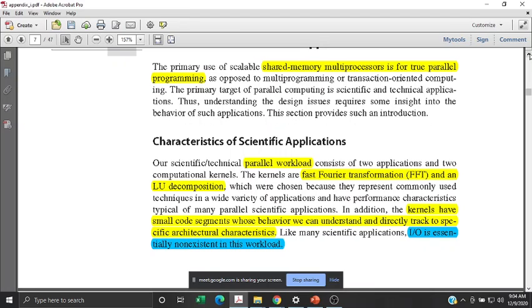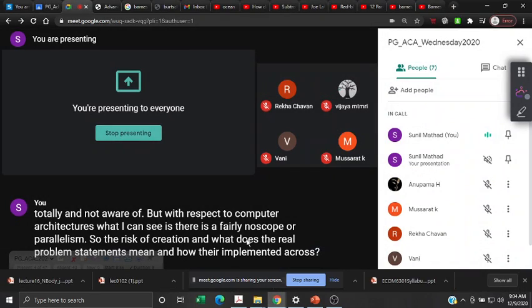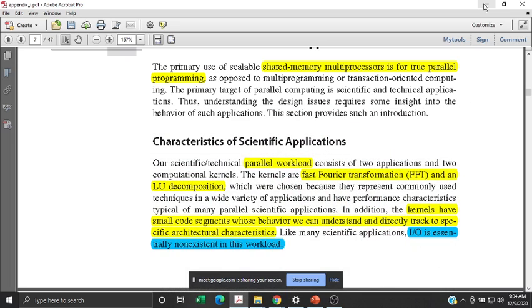I am totally not aware of them. But with respect to computer architecture, what I can see is there is fairly enough scope for parallelism, scope for grid creation, and how the real problem statements are implemented can be demonstrated by them.